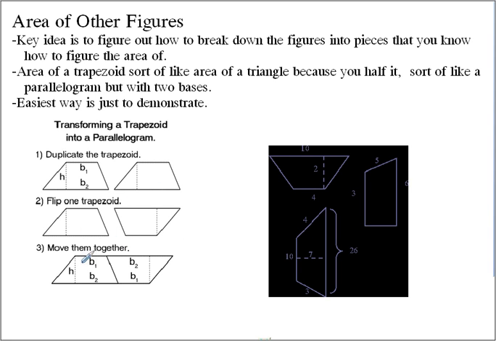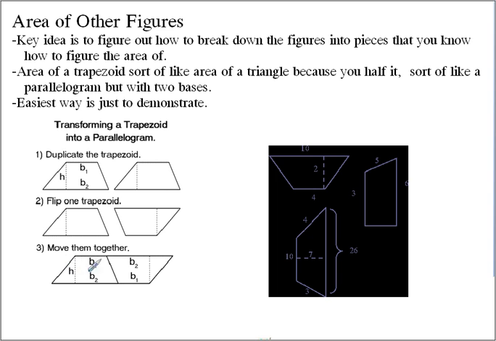When you do this, you will always end up with a parallelogram. That's just the way it works. With a trapezoid, you have two bases, base 1 and base 2, and a height, just like with a parallelogram. Because you just have one set of parallel sides with a trapezoid, the height is always going to be the distance between that set of parallel sides.